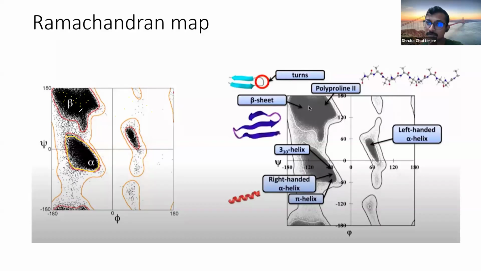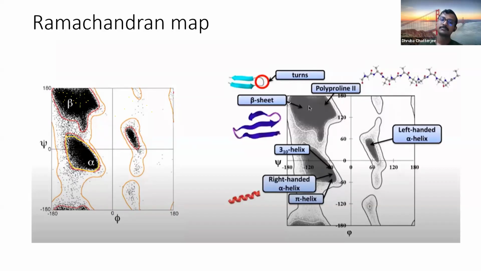different secondary structural elements like beta sheets, alpha helices, polyproline 2 helices, turns, right-handed alpha helices, left-handed alpha helices, 310 helices, etc. This polyproline helix will be your collagen helix, right? Yes, polyproline helix and collagen helix.